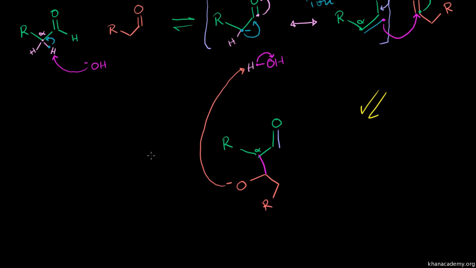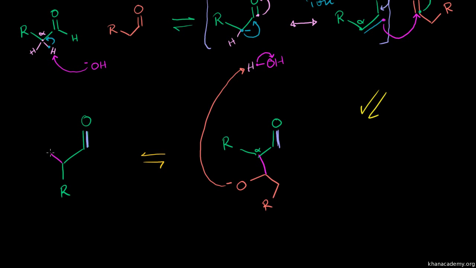And so what will be the final product? I'm just going to try my best to redraw this thing right over here. You have this part of the molecule. So you have this carbonyl group right over here. It is attached to this radical group right over there. So that is this part. And I can even do the same colors. This bond right over here is this bond right over here. And then this carbon is attached to a carbon that's attached to a hydroxyl group now.